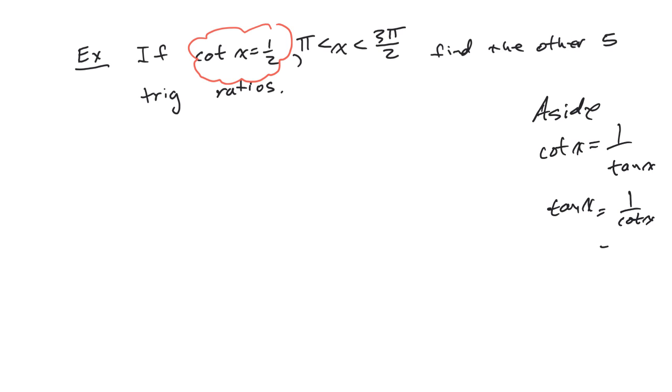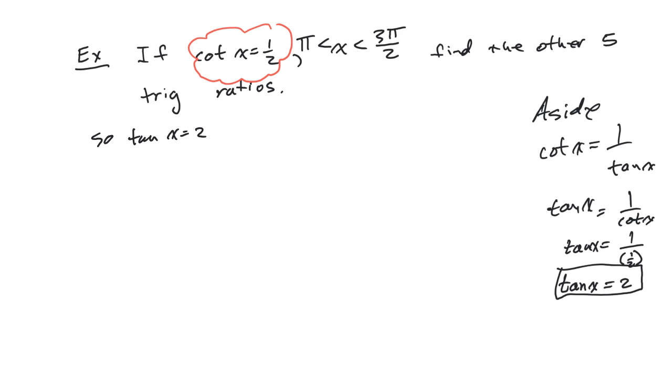Now, 1 over 1/2 gives us 2. So tan of x is equal to 2. So that is our first ratio.